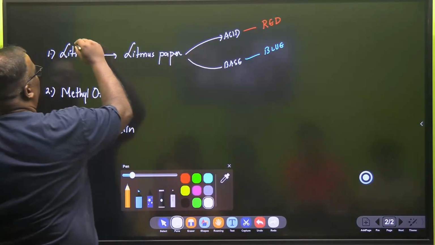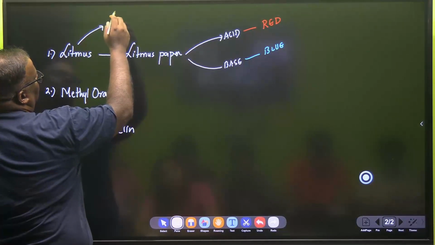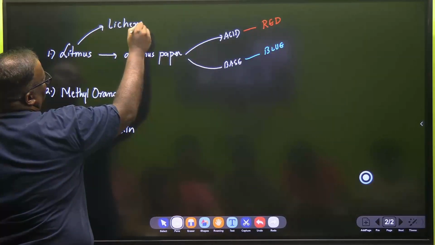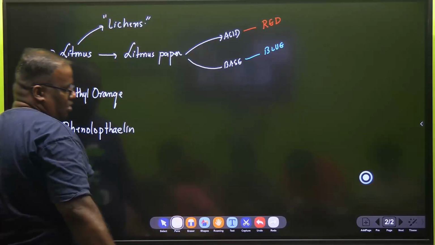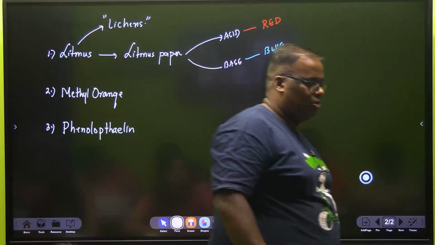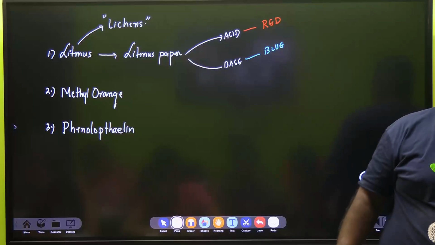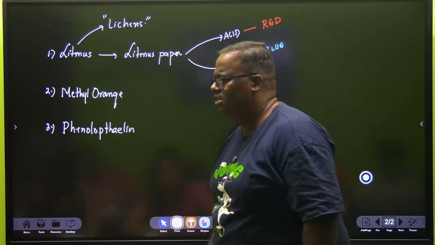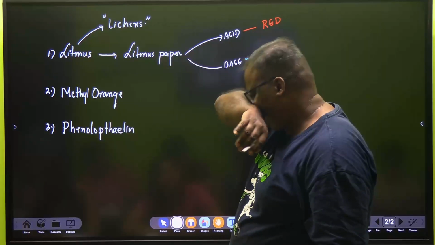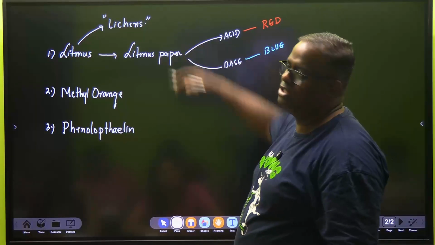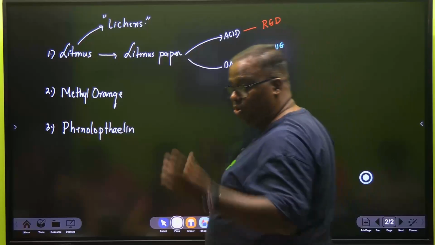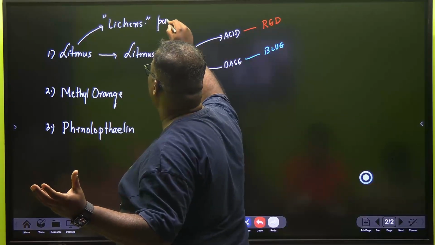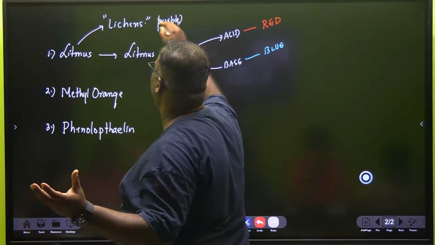If you talk more about litmus, litmus actually comes from a plant, which is called lichen. When you get the solution from the plant, the neutral color of this solution is actually purple.